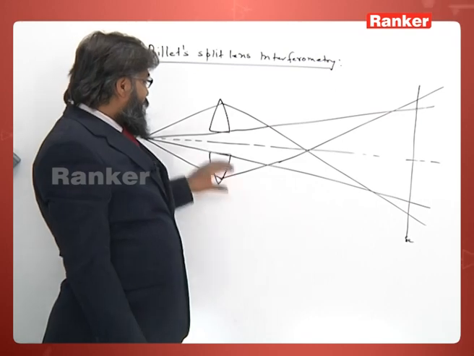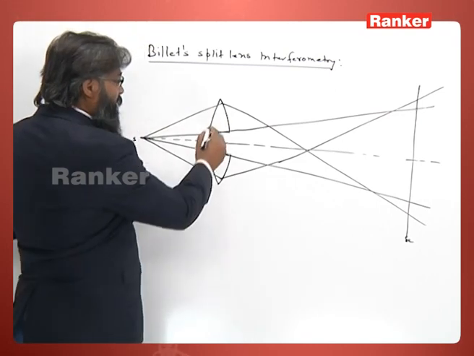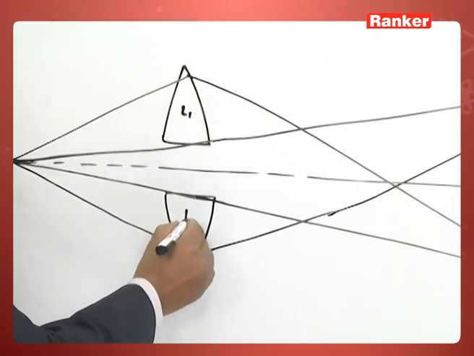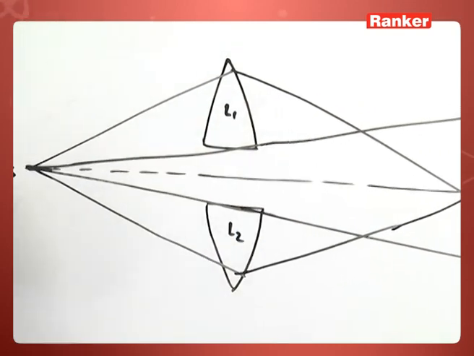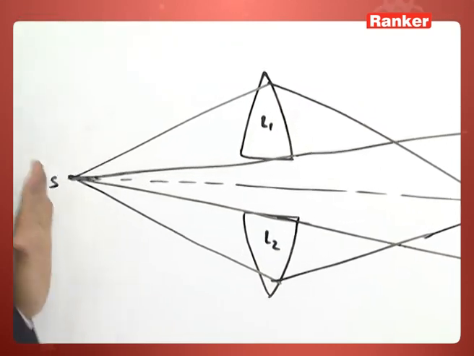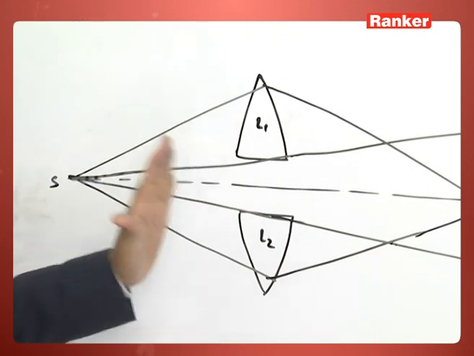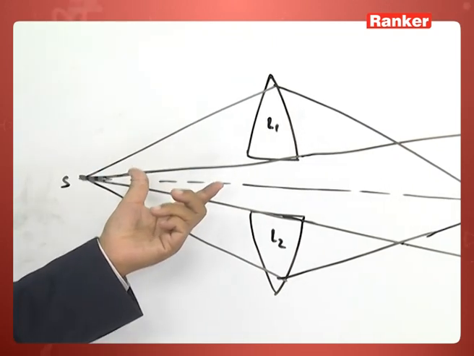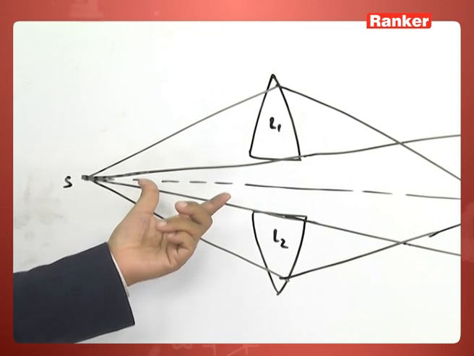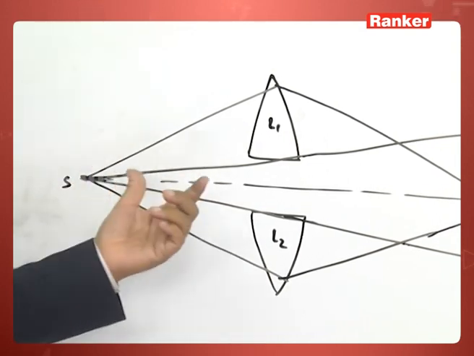Now, you see, this is my two split lenses L1 and L2, and a source S is placed at some distance greater than 2f or anything.